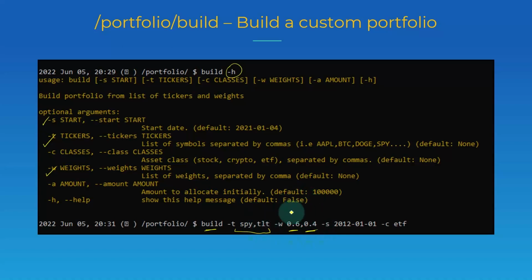So this is the typical 60-40 stock bond split. The start date, I want it to start from 2012, and the type, the class over here, I'm just telling it that these are ETFs. Okay, and that is basically the portfolio that I constructed.